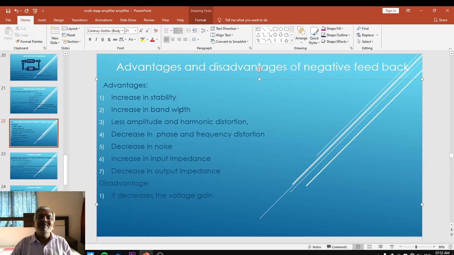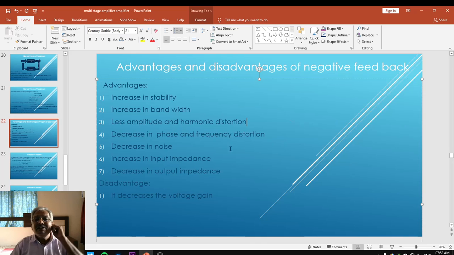Second one is increase in bandwidth. Due to application of negative feedback, bandwidth rises. When negative feedback is applied, there is less amplitude and harmonic distortion, meaning harmonic and amplitude distortion decreases.